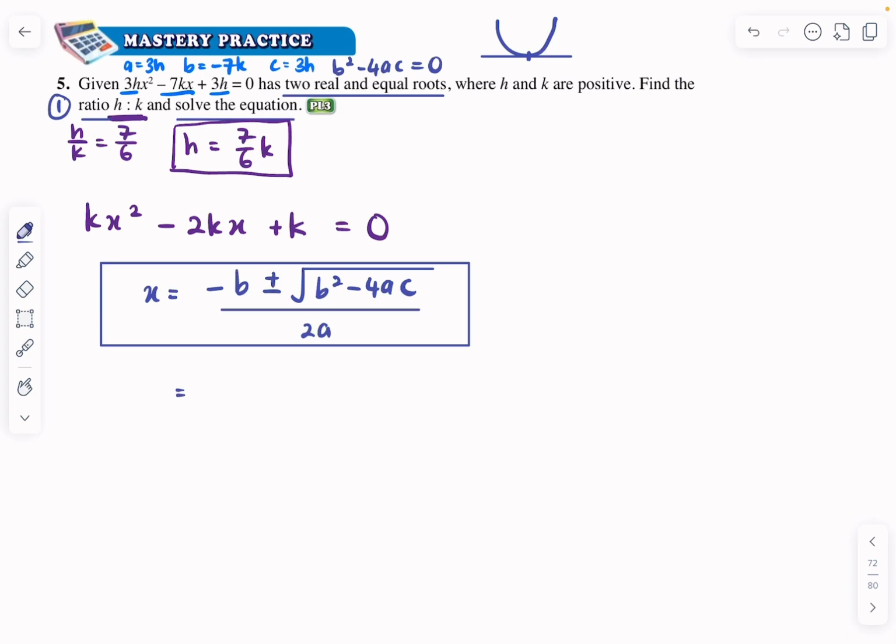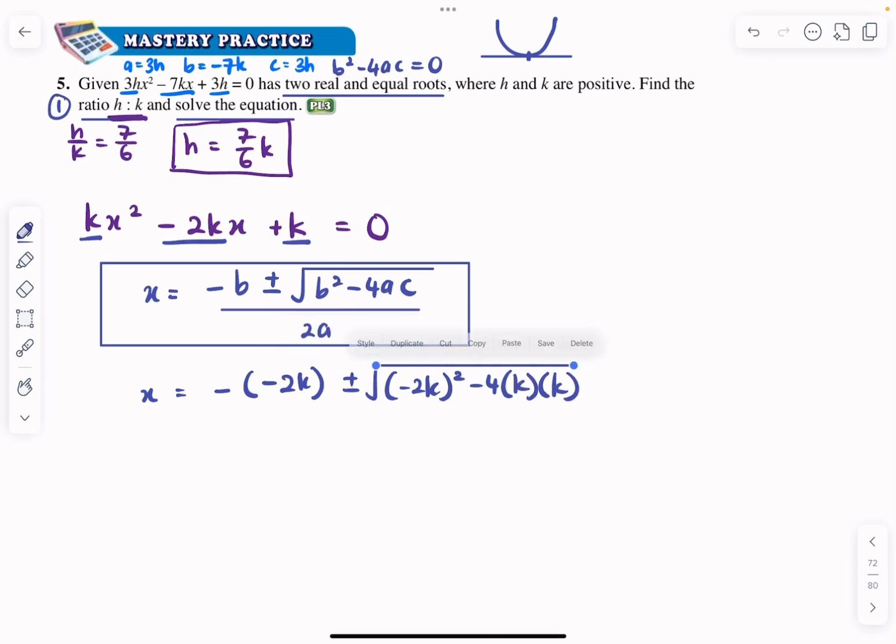So let's find the value of x. This is a, this is b, this is c. B would be negative 2k. So b square minus 4ac over 2a. Expanding this will be positive 2k plus minus square root.